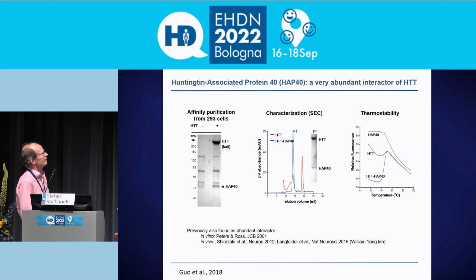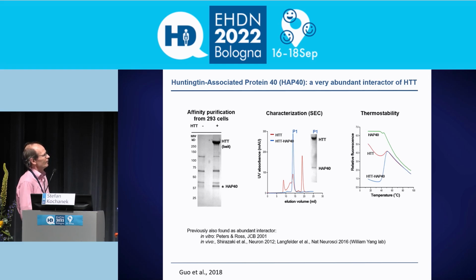So HAP40 is a very abundant interactor of Huntingtin, and this gel has been a very fortunate gel. When we tried to produce full-length Huntingtin in stable cell lines to maybe do structural studies, we isolated the complex and saw this band, which turned out to be HAP40.